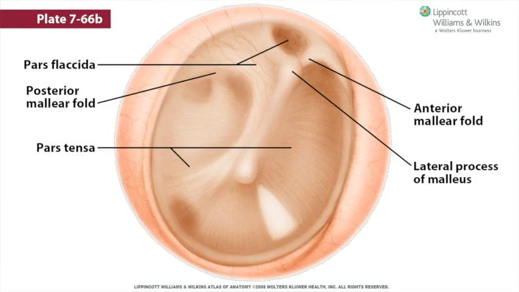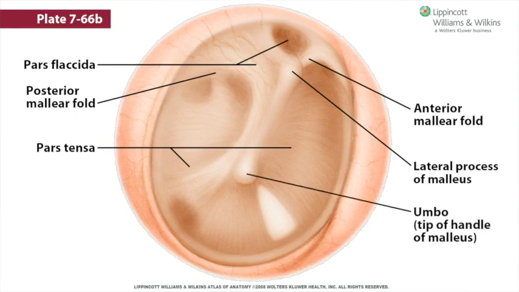When the tympanic membrane is viewed through an otoscope, the handle of the malleus appears as a white superior extension from the umbo, while the umbo is the apex of a cone of light that extends inferiorly. This cone of light is the portion of the membrane that is at a right angle to the axis of the canal and thus reflects the light of the otoscope directly backwards.